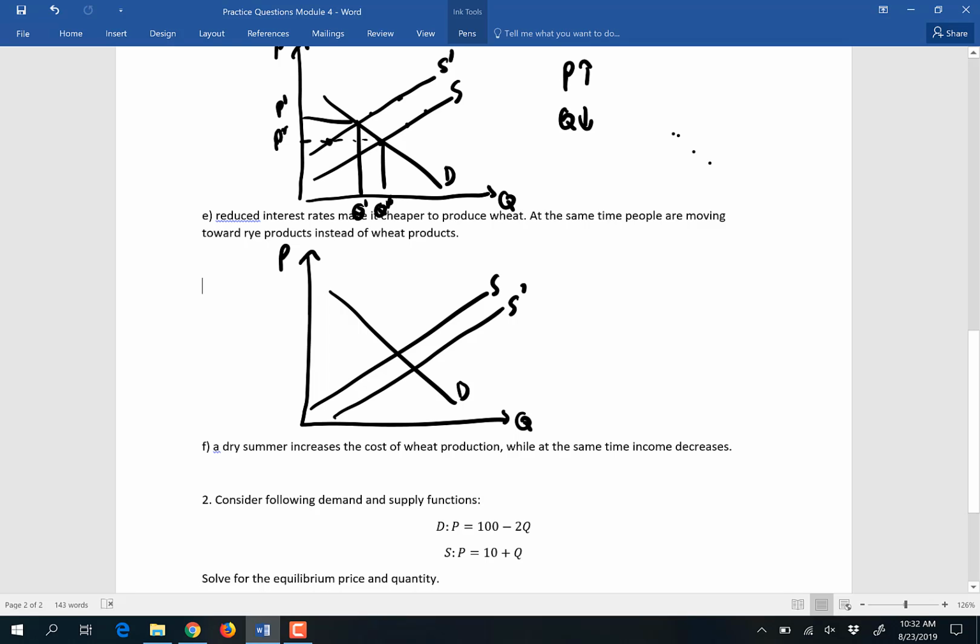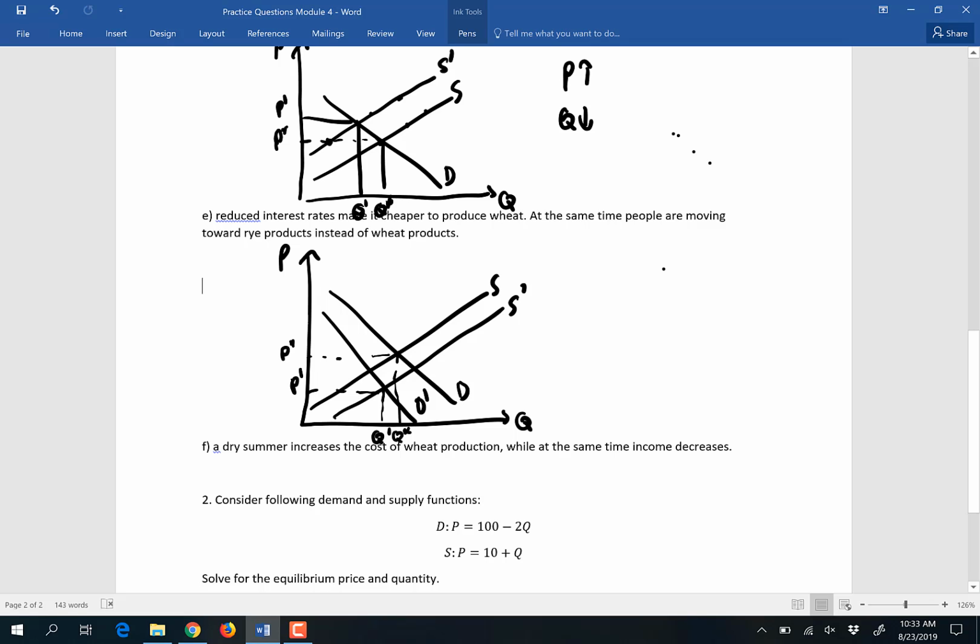At the same time, people are moving toward rye products instead of wheat products. So that means that the demand for wheat should decrease. So now we have two things happening at the same time. Our original equilibrium was at P star and Q star. The new equilibrium is at P prime and Q prime.